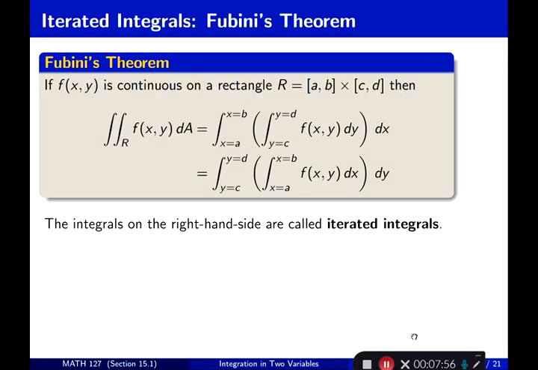So let's put it more formally. All the discussion that we had, somewhat formal discussion of proof, goes into a theorem, and that's called Fubini's theorem. Fubini's theorem says if f of x and y is continuous on a rectangle R equal to [a,b] times [c,d], then the double integral over the region R of f of x and y is equal to the integral from x equal to a to x equal to b of another integral, and that other integral is from y equal to c to y equal to d of f of x and y dy.